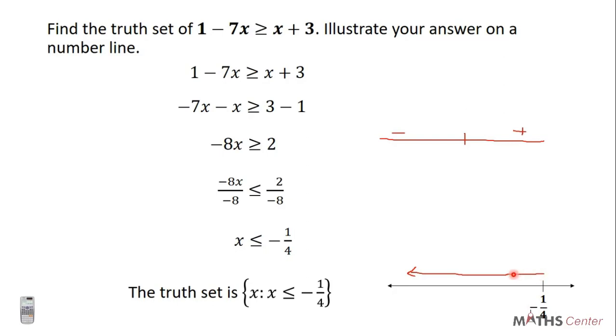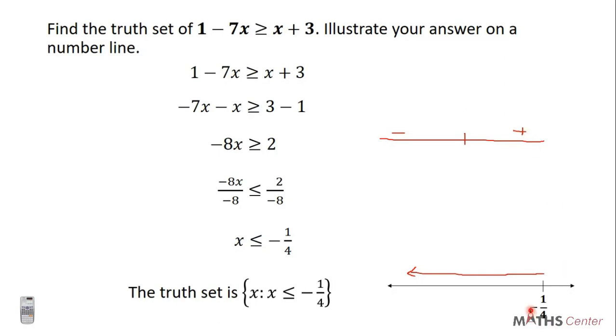Now, because we are moving in this direction, to get the next number, subtract 1 over 4. In the previous video, we added because we were moving in this direction. But because in this video, we are moving in the opposite direction, we are going to subtract. So if you are moving in this direction, you subtract. If you're moving in that direction, you add.